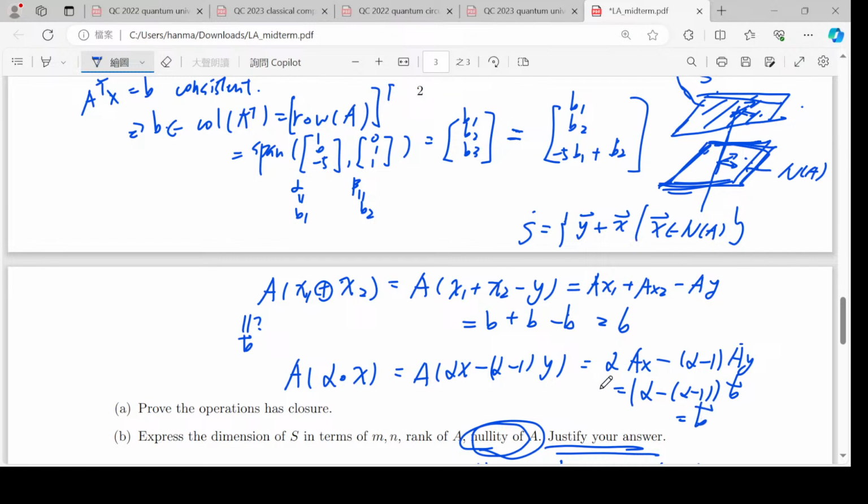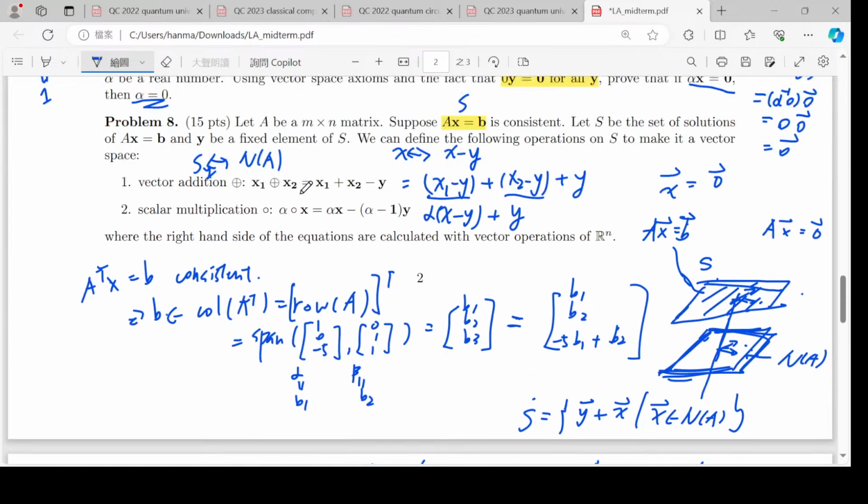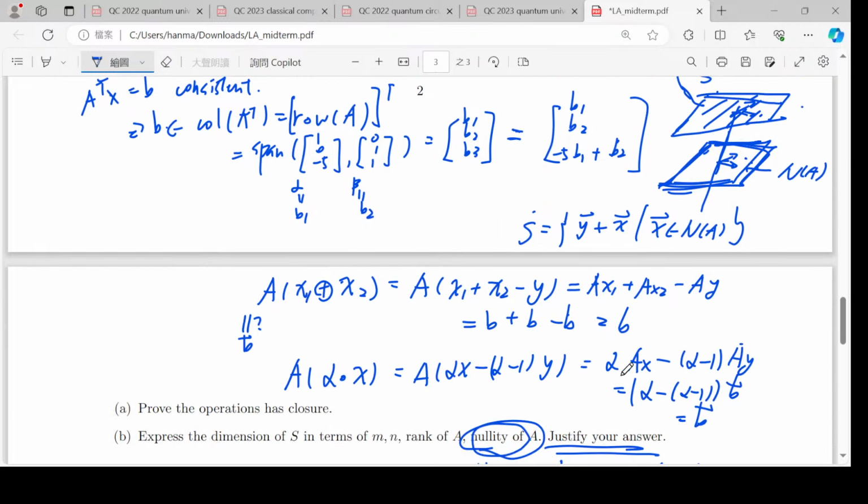So yeah, we can do a brute force check to see that those two satisfy closure, meaning that if you put x1, x2 inside, satisfying Ax equal to b, then this output satisfies Ax equal to b, and also if x satisfies Ax equal to b, then alpha circle x will satisfy A alpha x equal to b.